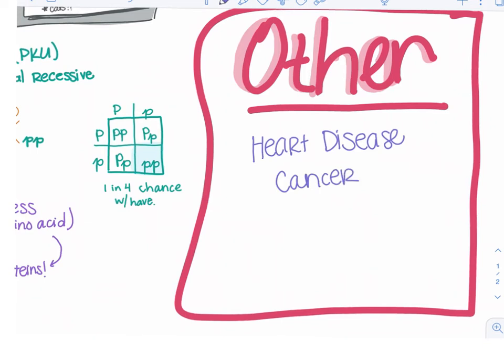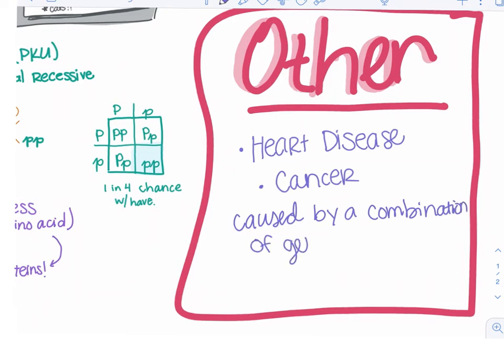Big regions of our population have one or both of these, and they are usually caused by a combination of genetics and environmental factors.